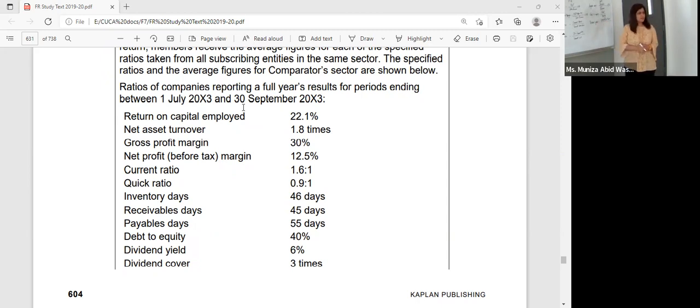And what is the formula of dividend cover? Latest earning per share.